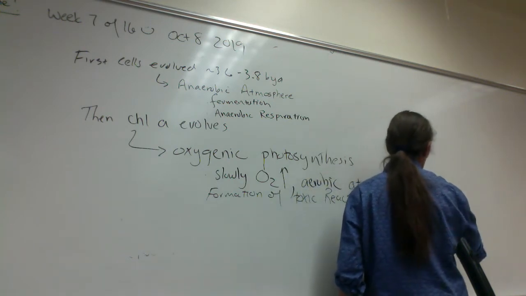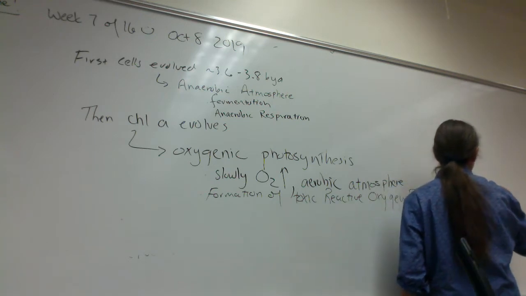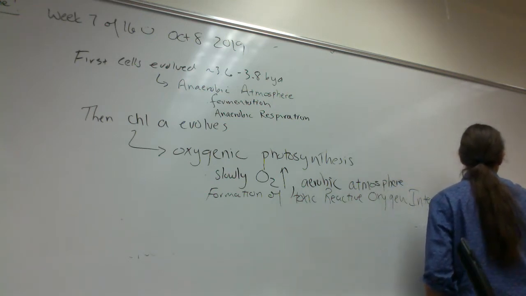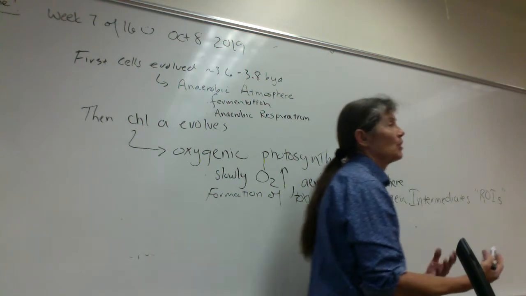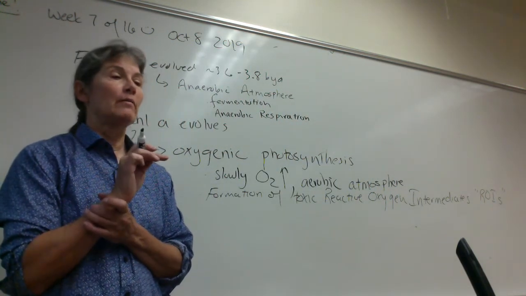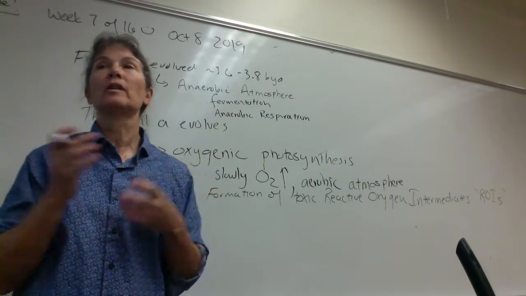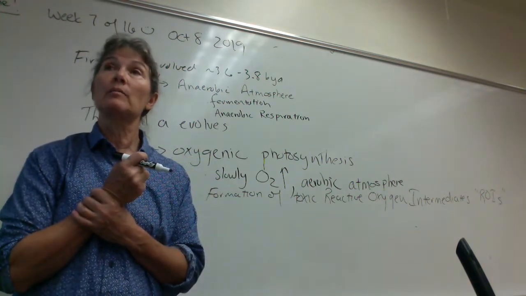I know abbreviations are maddening and I use them. Different authors will call them different things. But I would like you to know of these toxic reactive oxygen intermediates, which will be generated when organisms are living in aerobic environments.